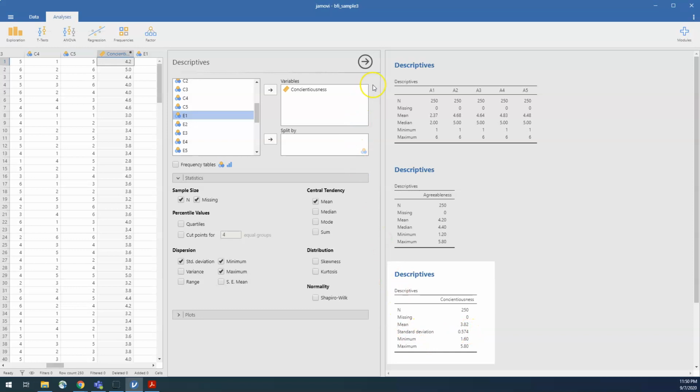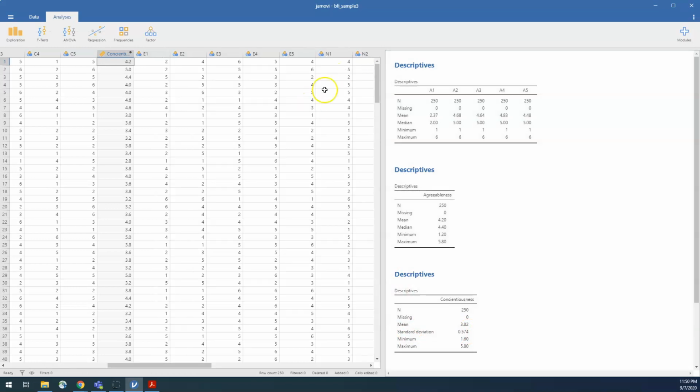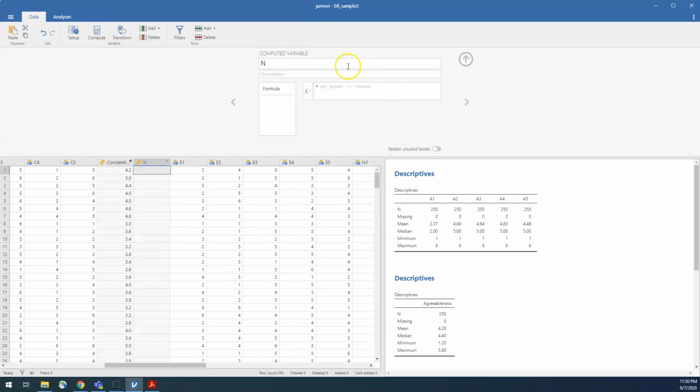So I'm going to hide this descriptives box for a second, this analysis box, and I'm going to go back over and insert a computed variable next to conscientiousness, and I'm going to call this z_conscientiousness. Okay. So this right here is going to be a z-transformed conscientiousness variable. And what I want to do is for each person, insert their conscientiousness variable.